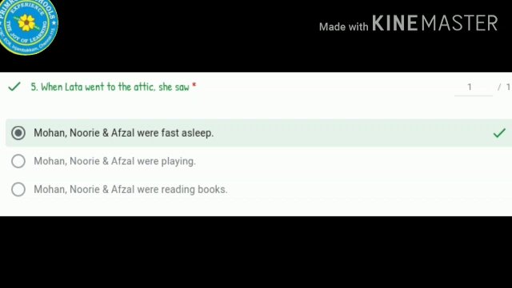Do you remember? Yes. Now here is a request for the children who got below 5 to once again go to their Google form and check for the answers.